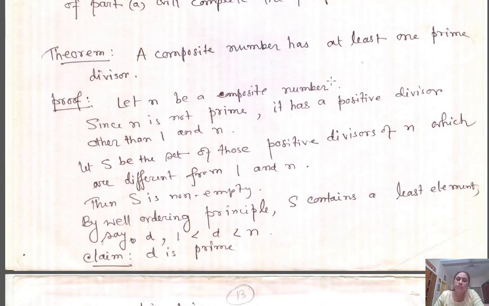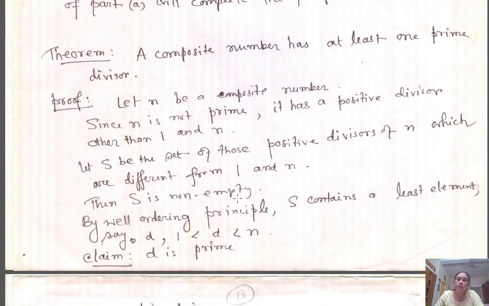Since it is a composite number, it must have one divisor other than 1 and n. So you consider S to be the set of all positive divisors of n, this composite number, which are different from 1 and n.